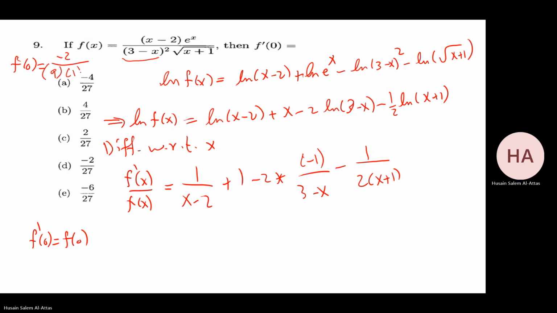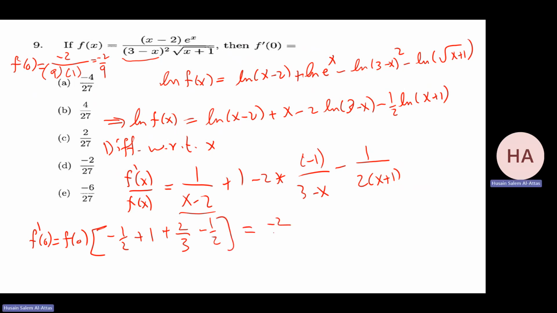So multiply f at 0 by this at 0: this is minus half plus 1, here I have plus 2 over 3, and minus 1 over 2 with x being 0, minus half.